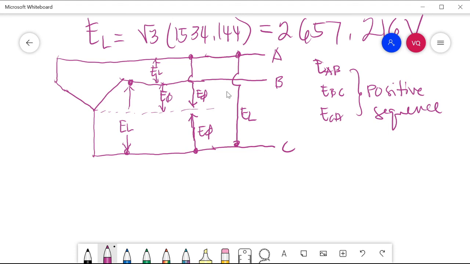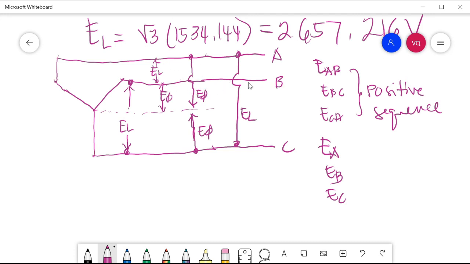Since this is connected to line B and line C, this is EBC. This is EAC, and the other one is EAB. While your phase voltages EA, EB, and EC are connected to one line and to the ground. This is our E phase.